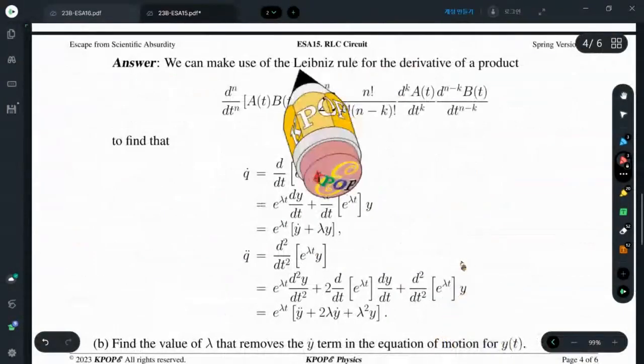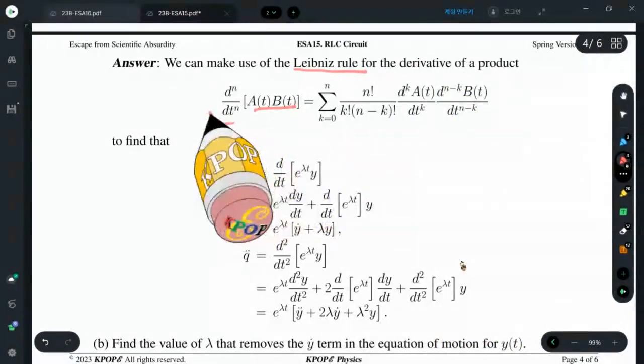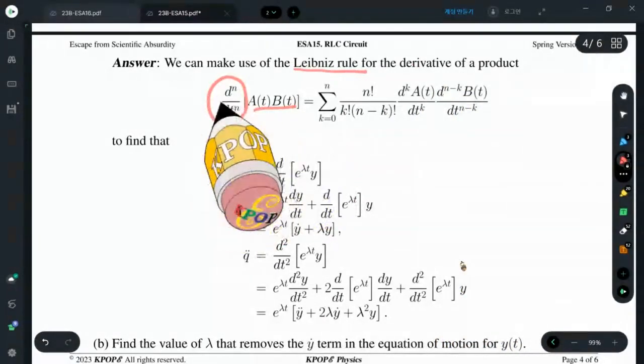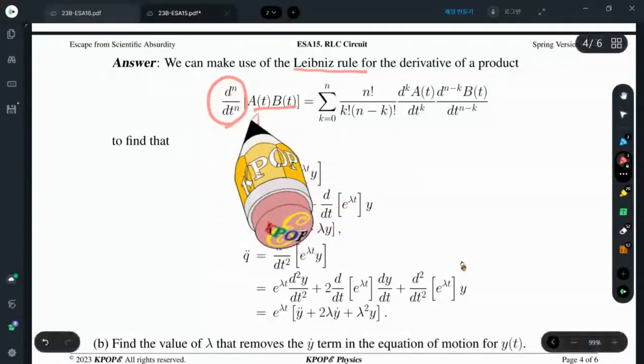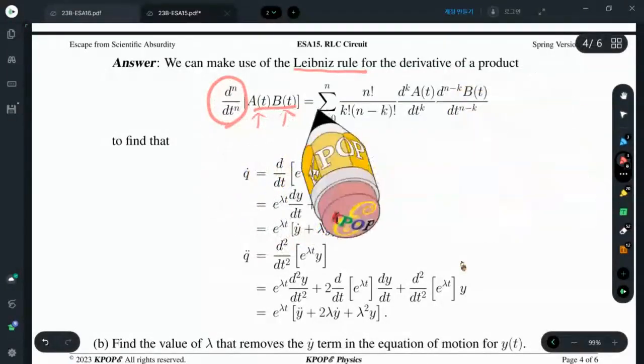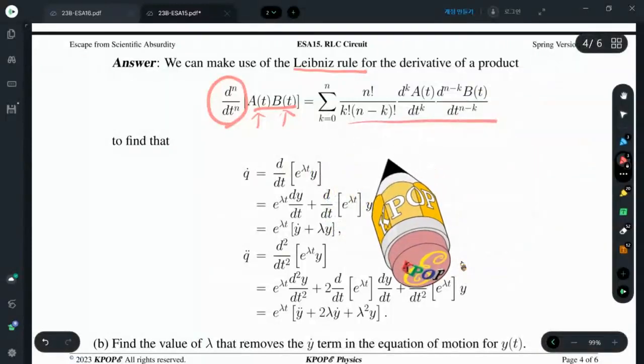Let us recall the Leibniz rule for the derivative of a product. If I apply the derivative many times, then this derivative is distributed over two factors. It's something like the binomial expansion.